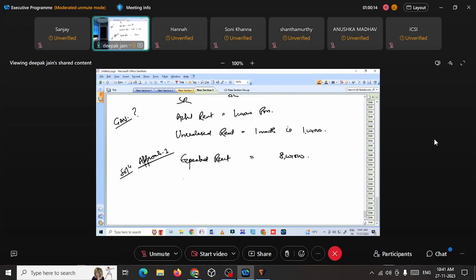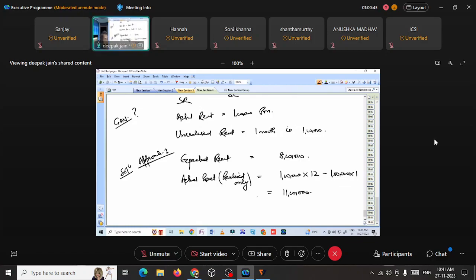Actual rent, take realized only. Total actual rent minus 1 month unrealized, so my actual rent realized is 11 lakh.